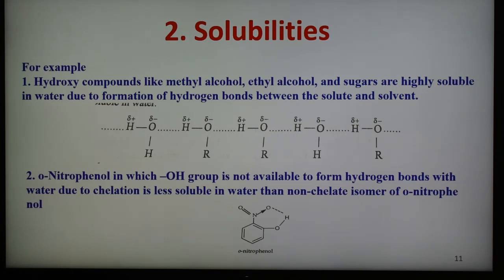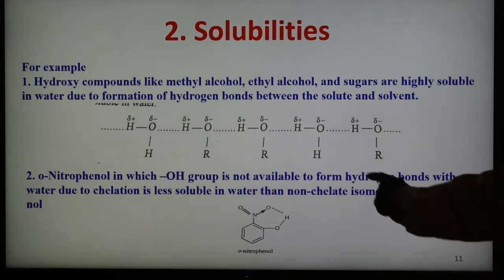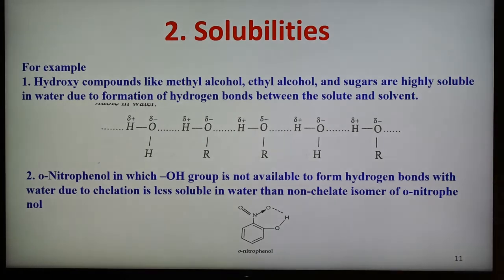In short, if a substance forms hydrogen bonding with the water solvent, then it is soluble. And here orthonitrophenol is unable to form the hydrogen bond with the water solvent, therefore it is less soluble in the water. So these are some examples.